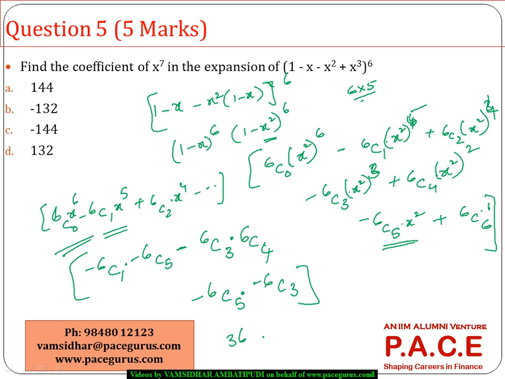So 20 into 15 is working out to minus 300, and here 6c5 is 6, 6c3 is 20, 20 into 6, 120. So 156 minus 300 resulting in minus 144. This is slightly a simpler solution. So minus 144, wherein I am marking the C as the option choice.